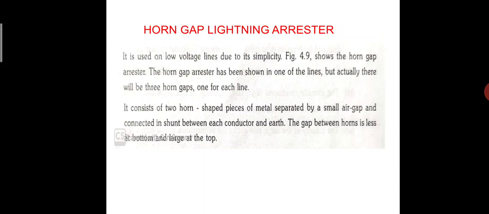The iron gap arrestor has been shown in one of the lines, but actually there are iron gaps, one for each line.